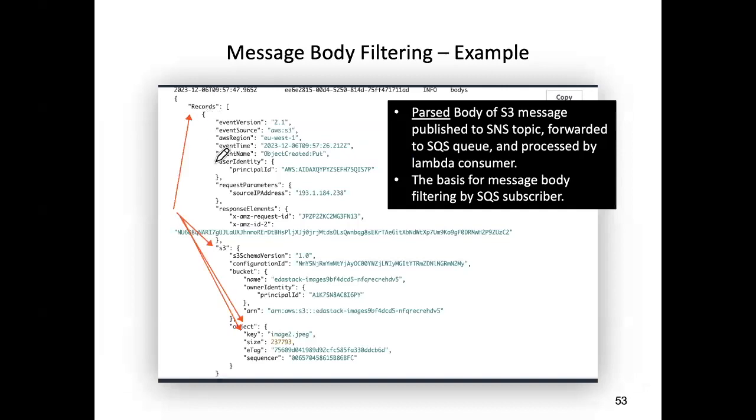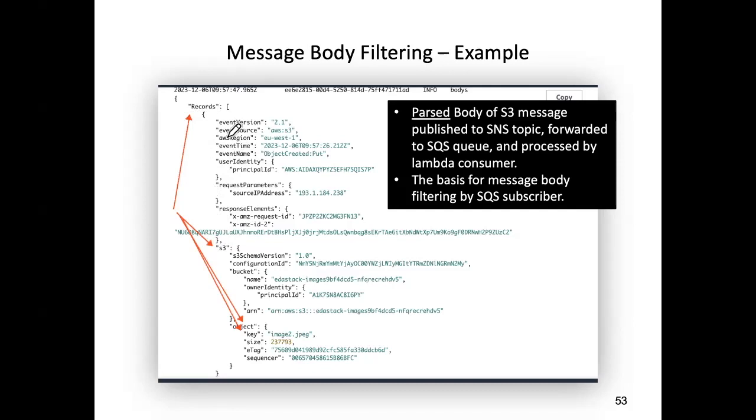This is the body of a message that has been written by S3. The message has a key called records, which we've seen before. The records key's value is an array. Within that array, there is an object. One of the keys in that object is the key S3, and this is the part that we're interested in.